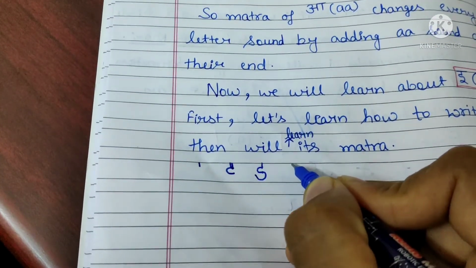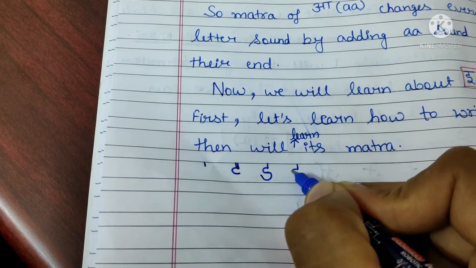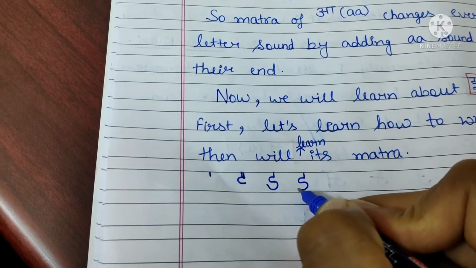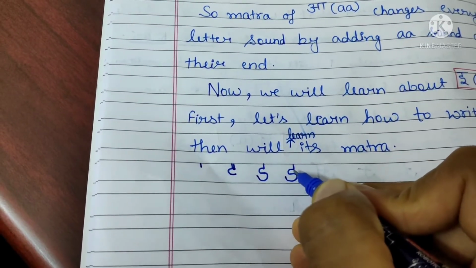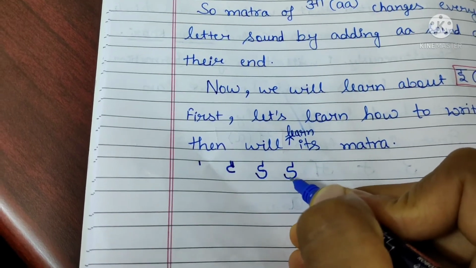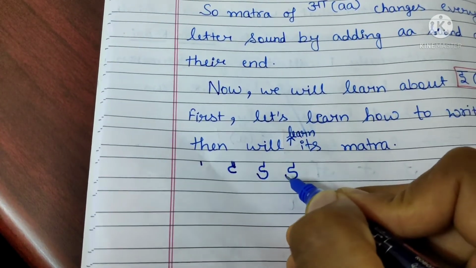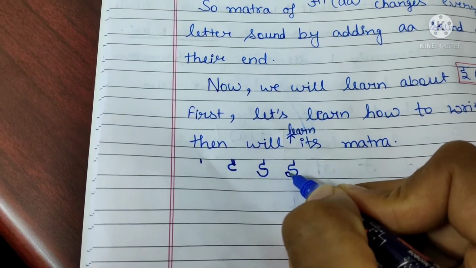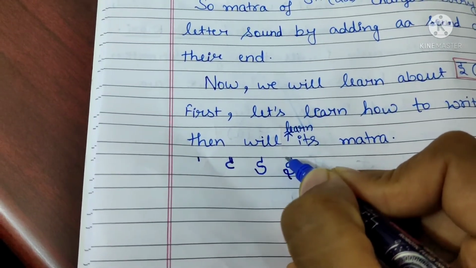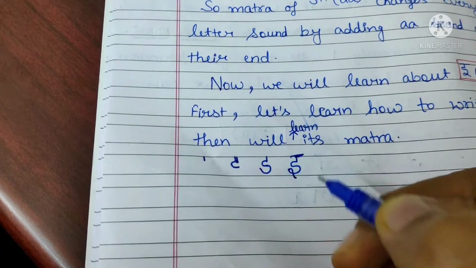Then again repeat this step. You can see a little difference, it's small and it's a little bit big. After that, you have to turn it like this. Now a sleeping line, so this is our E.